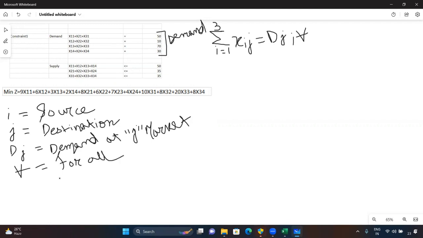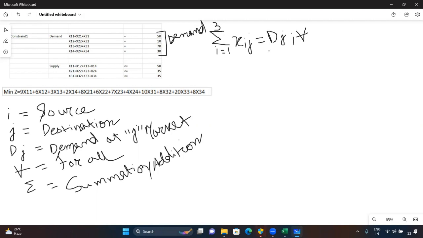And this is the summation or addition, whatever you want to take.